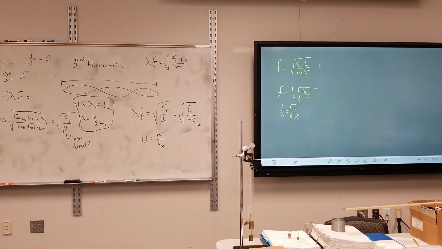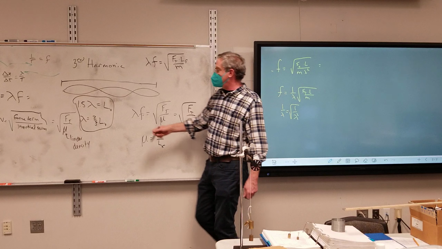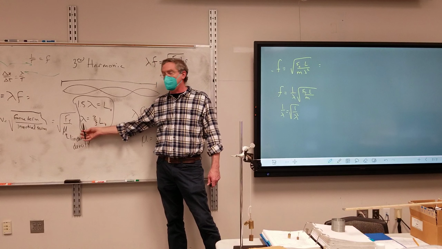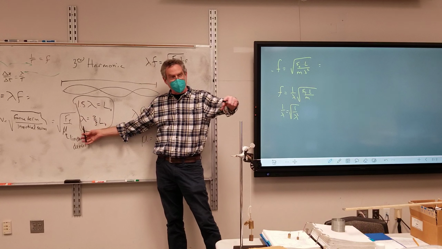Sorry, those lengths are the vibrating length. The vibrating length is the length from the string vibrator to the top of the pulley. The vibrating length is what we'll be using to determine the wavelength of the wave.